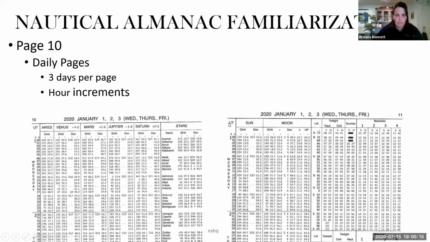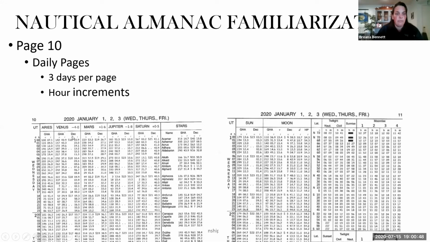So just think of that UT as GMT, or that universal time. And then it's by hour. So on top of the hour is all of these different measurements. So we have every day of the year and every hour of the day. We have a measurement on the daily pages. And then we're going to have to apply corrections if our observations don't happen exactly at the top of the hour. And we'll go into how we do those.